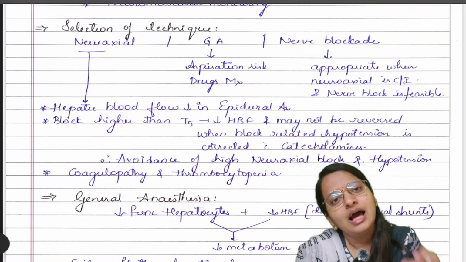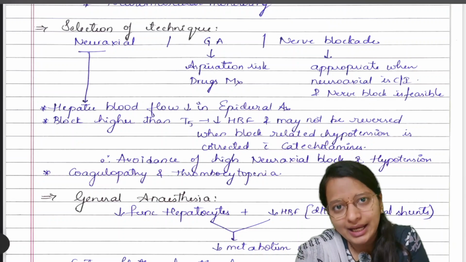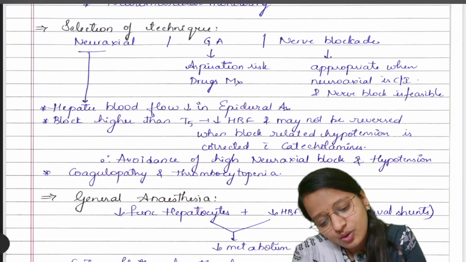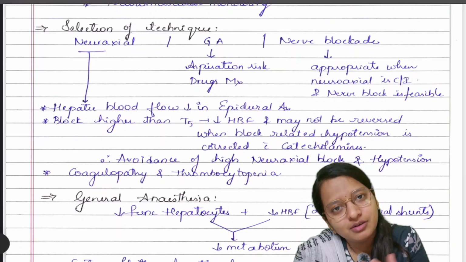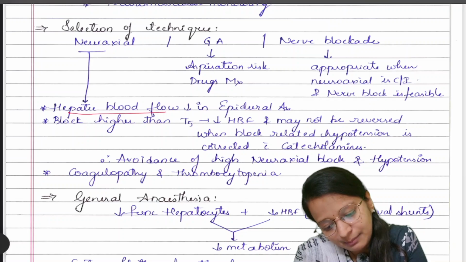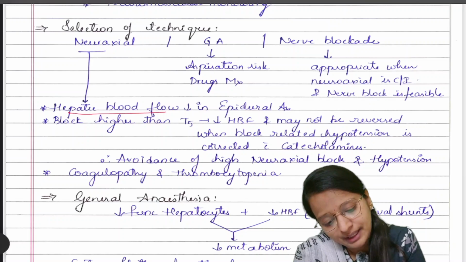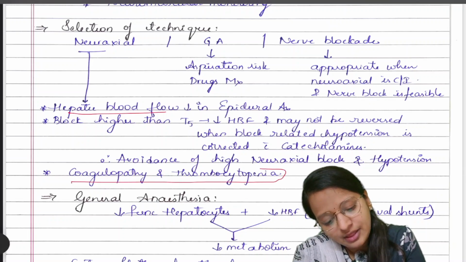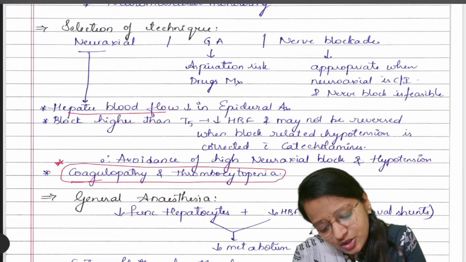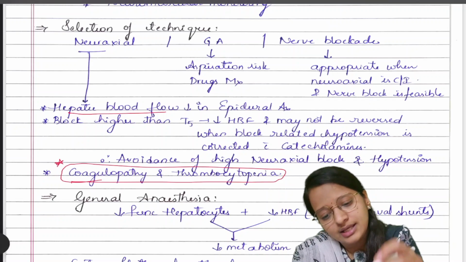In regional, I'm afraid of coagulopathy and hypotension mainly. Due to regional anesthesia, there might be a decrease in hepatic blood flow. If the block is higher, there will be more decrease in hepatic blood flow. And coagulopathy and thrombocytopenia should be checked before giving neuraxial anesthesia.